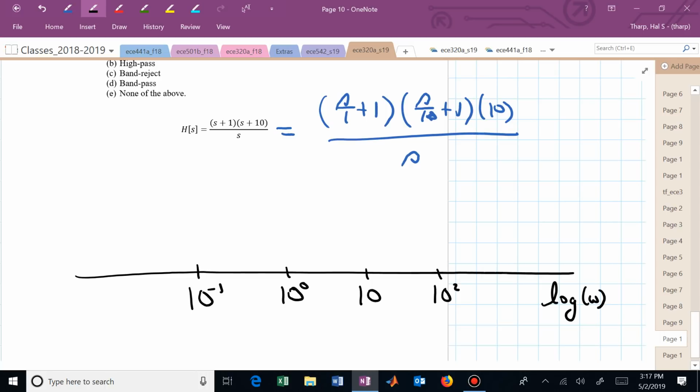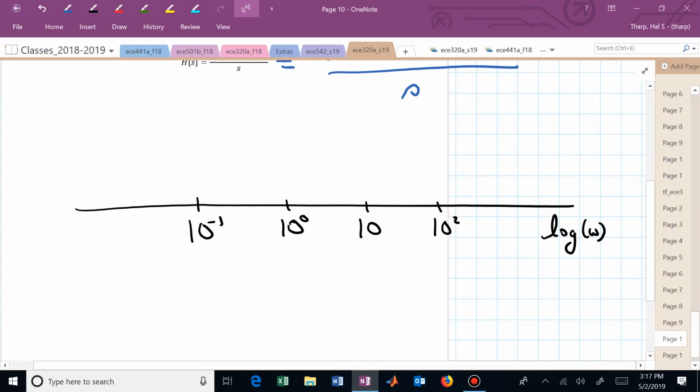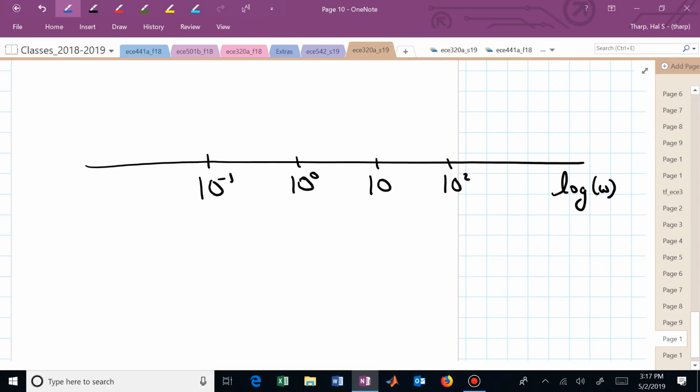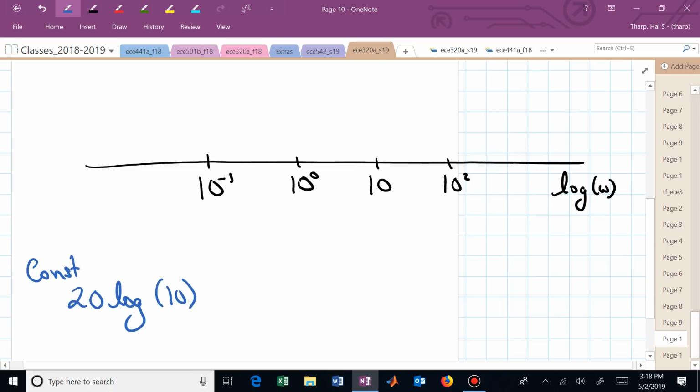Do we have a constant factor in this transfer function expression? Yeah, we have a 10. So if we looked at that in dB, we would say 20 log of 10 is going to be given to us by the constant. So now we say 20 log of 10, this is coming from the constant, is equal to 20 dB.